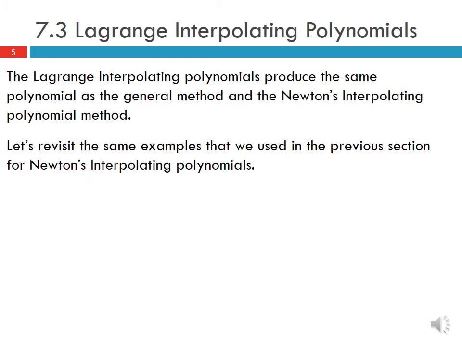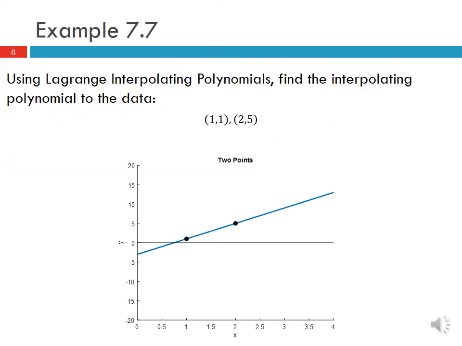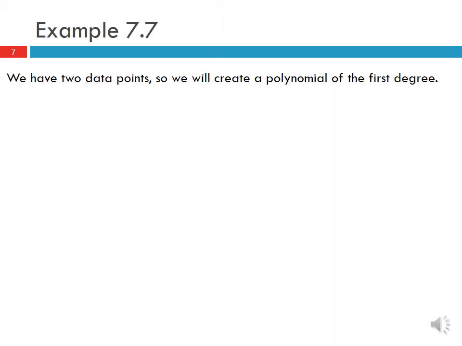So let's revisit the same examples that we used in the previous section for Newton's interpolating polynomials. So here we want to use the Lagrange interpolating polynomials to find the interpolating polynomial to this data of 2 points. So we have 2 data points, so we will create a polynomial of the first degree, or a linear function.